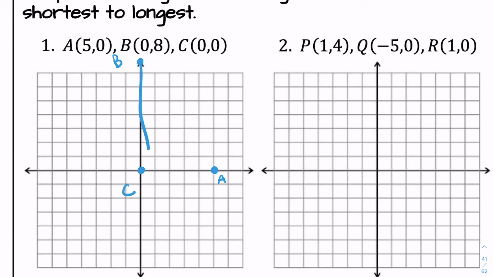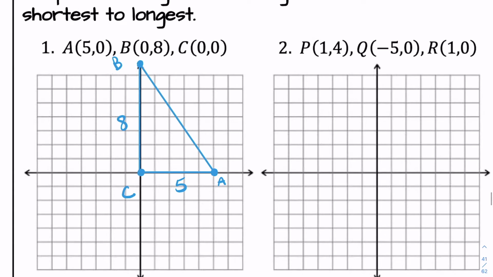Okay, so here we have something that has a length of 8. We have something that has a length of 2, 4, 5. And this right here has a length of, we're going to say, greater than 5 and 8, just because it's definitely longer.